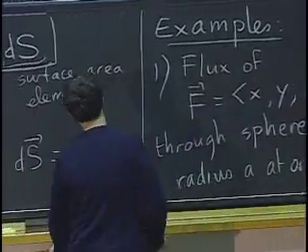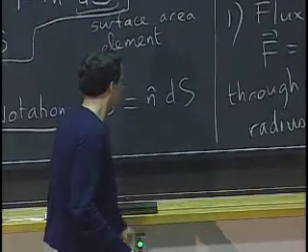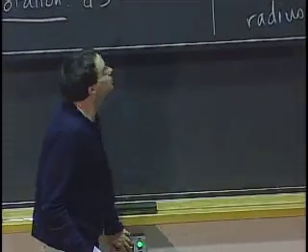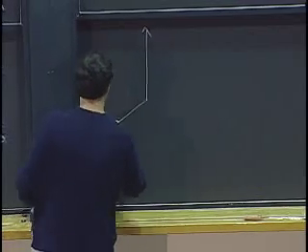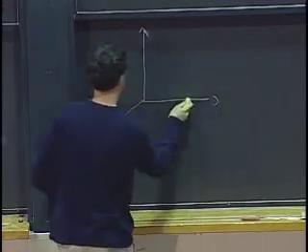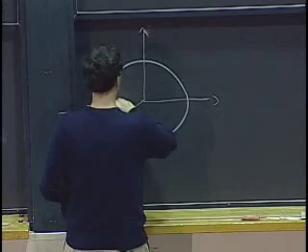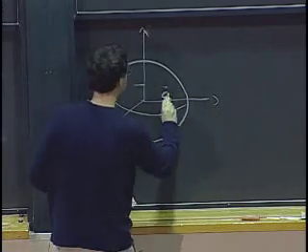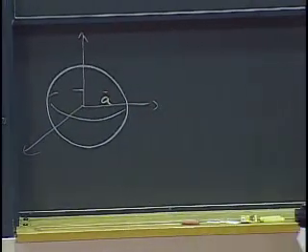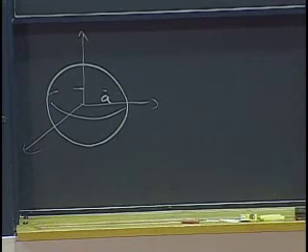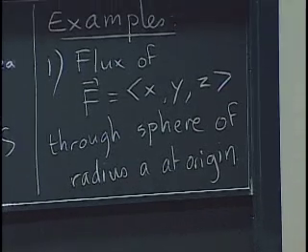Okay, so what does the picture look like? So we have a sphere of radius a. I have my vector field. Well, x, y, z, see, that's a vector field that's equal to the vector from the origin to the point where I am.